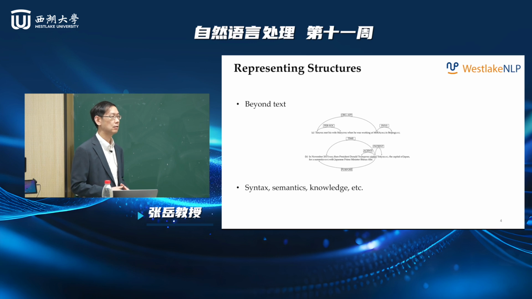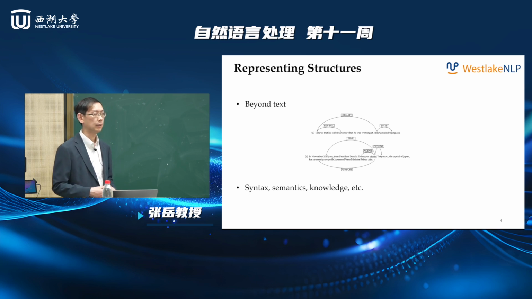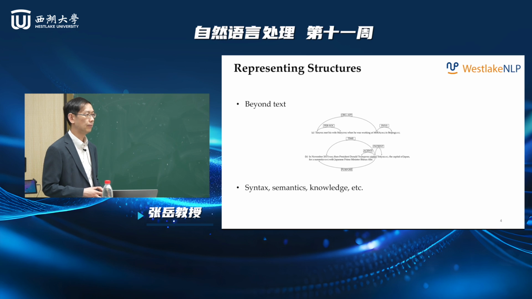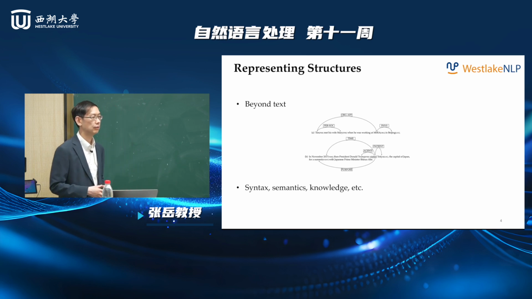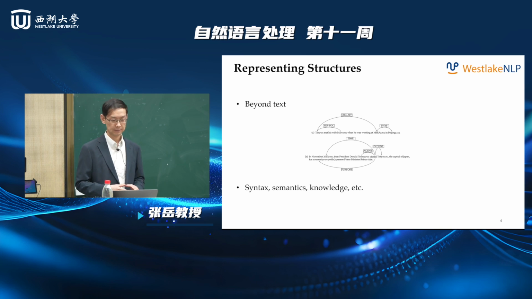They represent knowledge. Okay, these structures can be useful for performing downstream tasks in NLP. And the thing is, how do you represent them, right, so that different tasks can make use of their features?